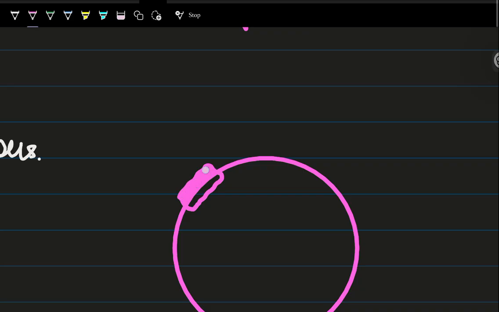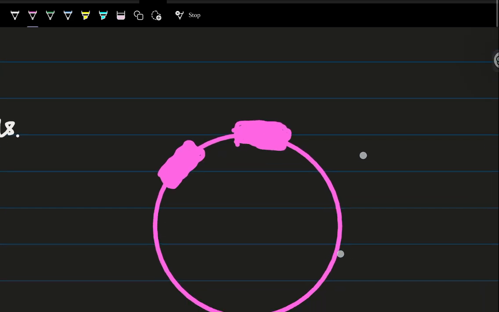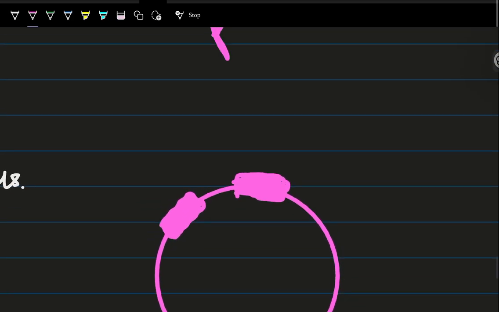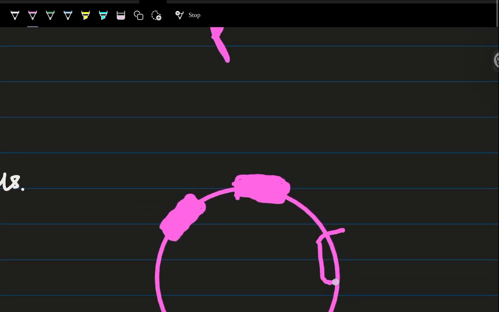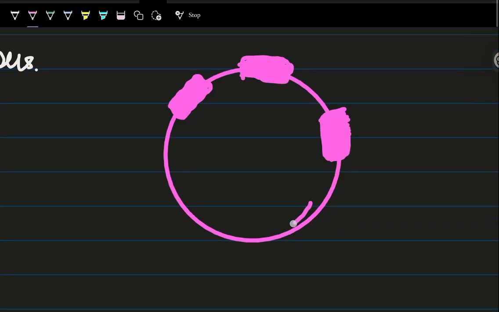So this is one membrane on top, and this is the other at the bottom. So we're going to draw multiple of these. There are gaps between these membranes, which we'll talk about right now.